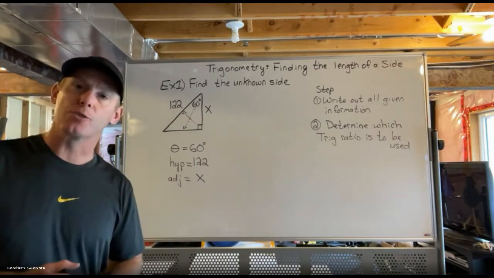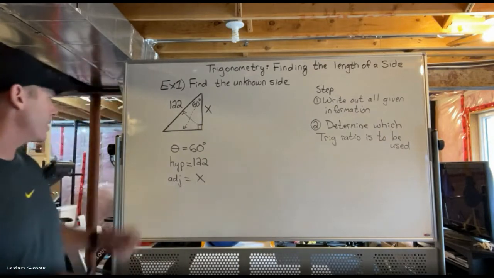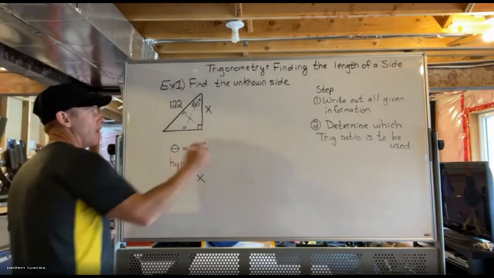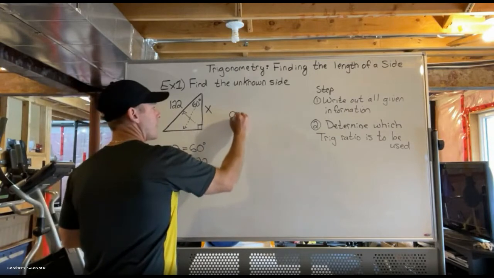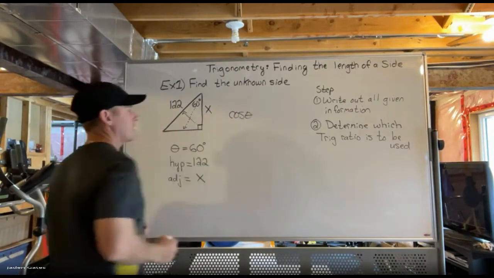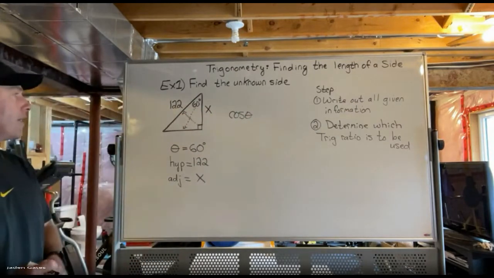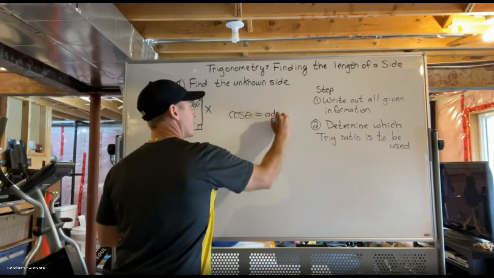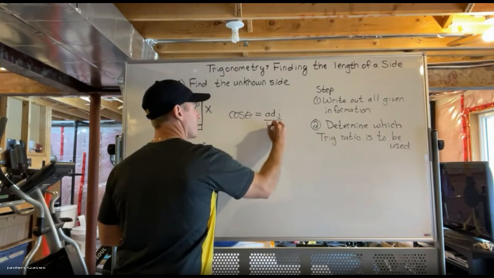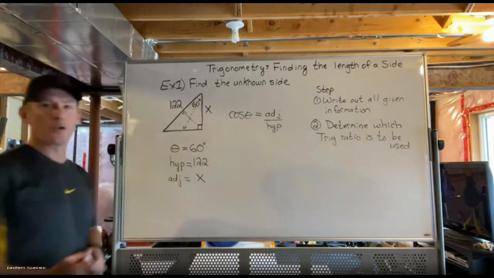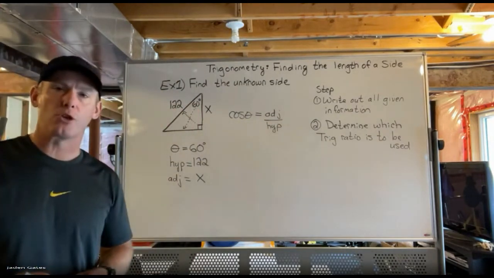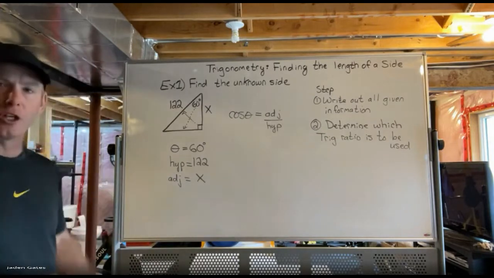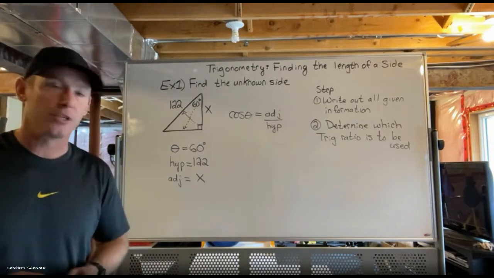That's the one I got to use because that's the one that has the adjacent and the hypotenuse in it. So I know that cos theta, because that's the angle we're looking from, we called it theta, is equal to at home, adjacent divided by the hypotenuse. There we go. So again, you do not get to pick which trig ratio you want to use. Your information will tell you which one you have to use.